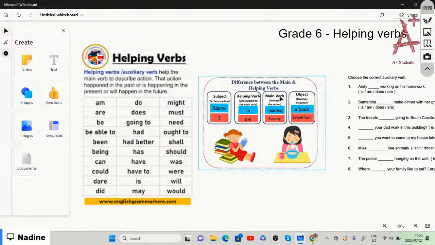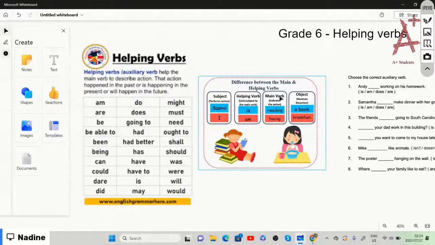I is the subject that we are talking about. Am is the helping verb. Having is our main verb, and that indicates the action. And then we have the object, which receives the action, which is breakfast.